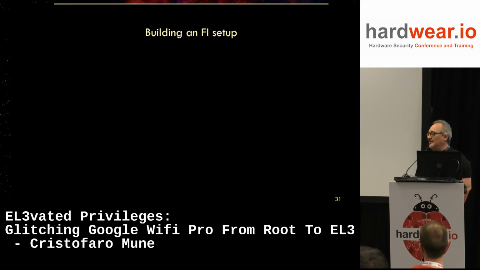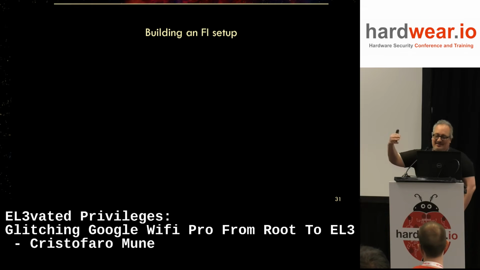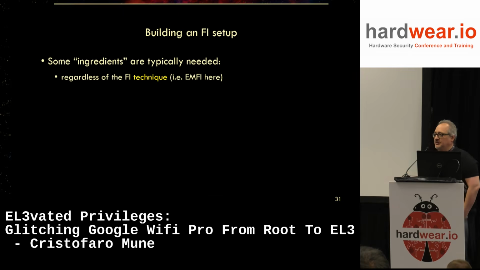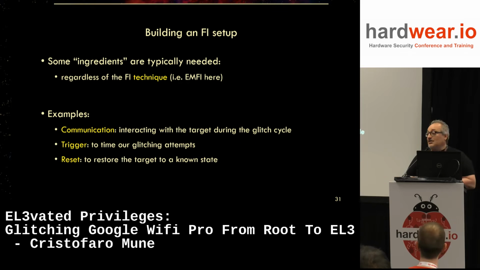We also need to build a fault injection setup. Once we have an LKM that can send SMCs, we think we have that capability, and we start thinking about the fault injection setup. Some ingredients are typically needed, regardless of whether you're doing voltage, clock, EM, or laser. The first is communication.